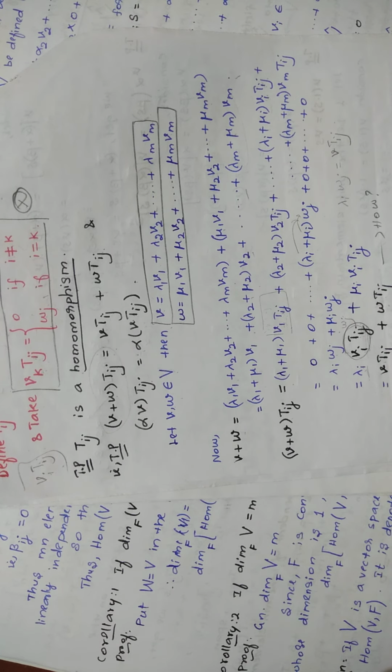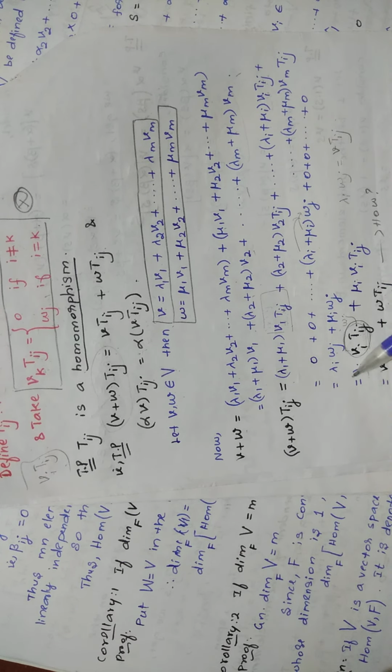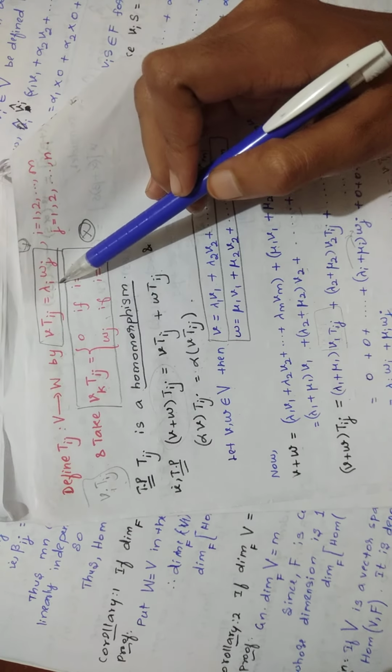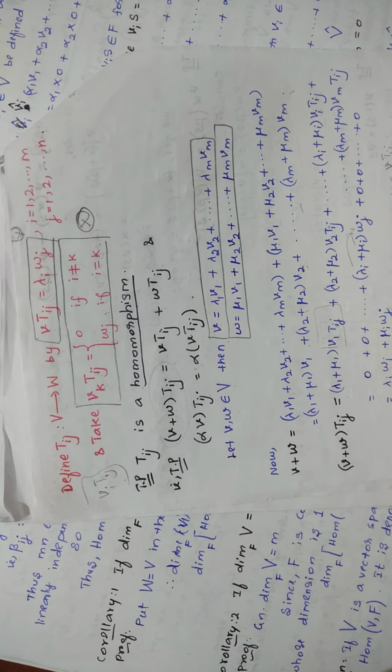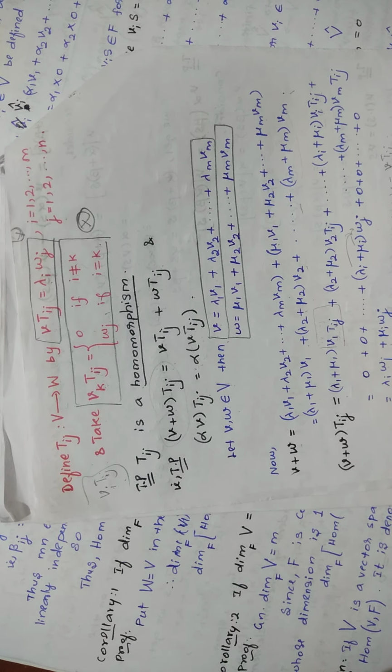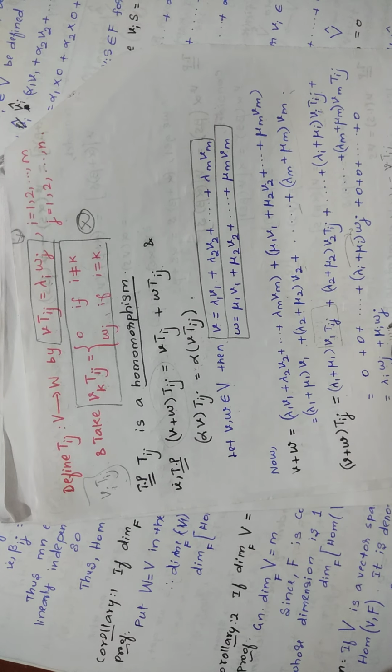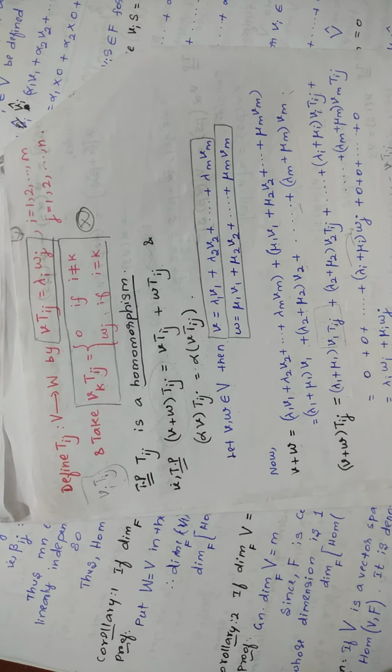Okay, now v Tij, how you are writing this? I will tell you how you are writing this. Consider this is lambda i, that is, you are using this here. Consider these two elements as wj. So how can you write v into Tij?